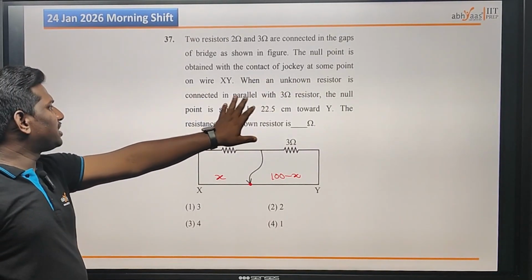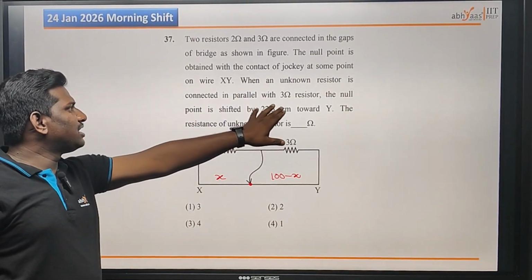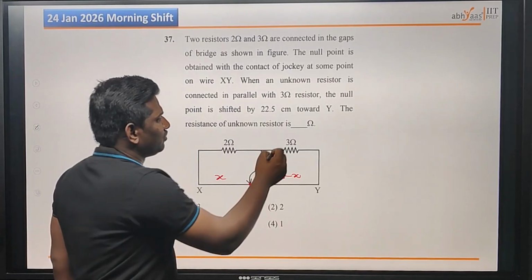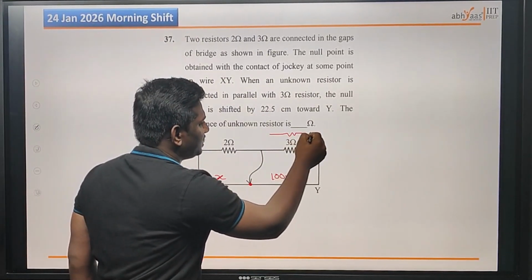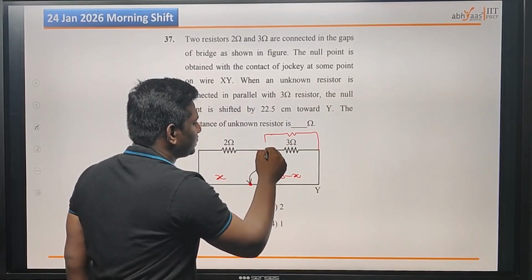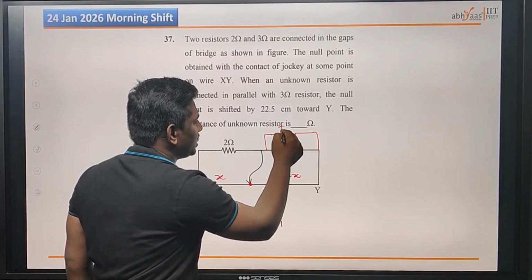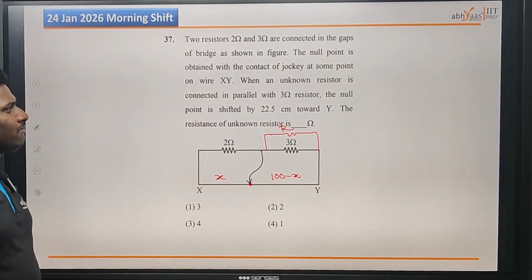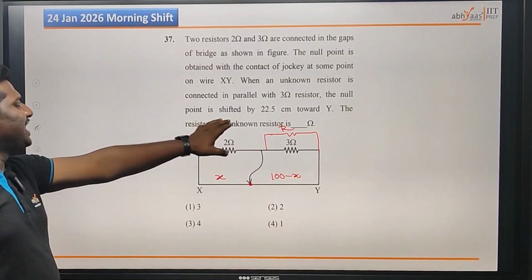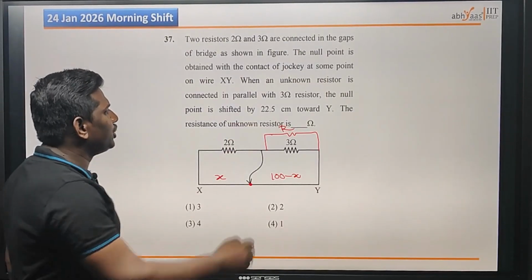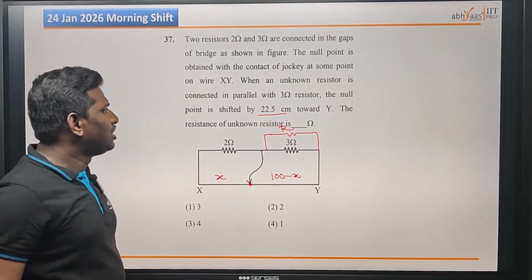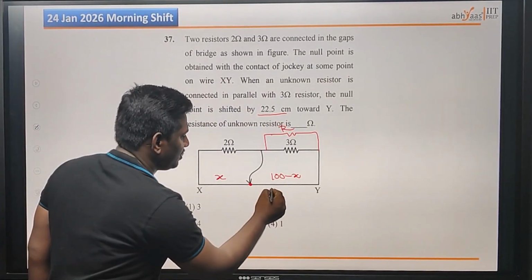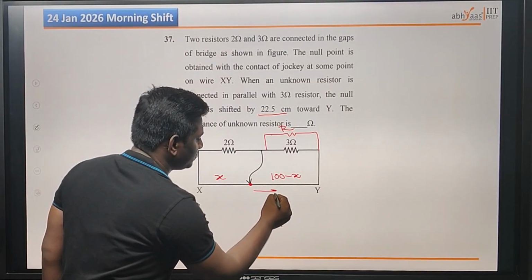When an unknown resistor is connected in parallel with the 3 ohm resistor, so one unknown resistor is there connected in parallel with the 3 ohm. Take this R. The null position is shifted by 22.5 centimeters towards Y.